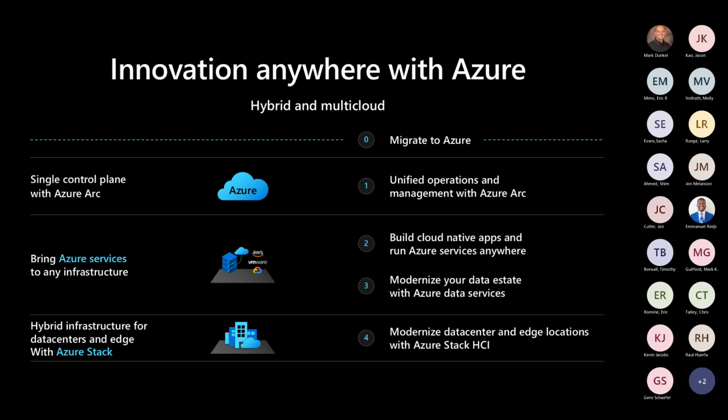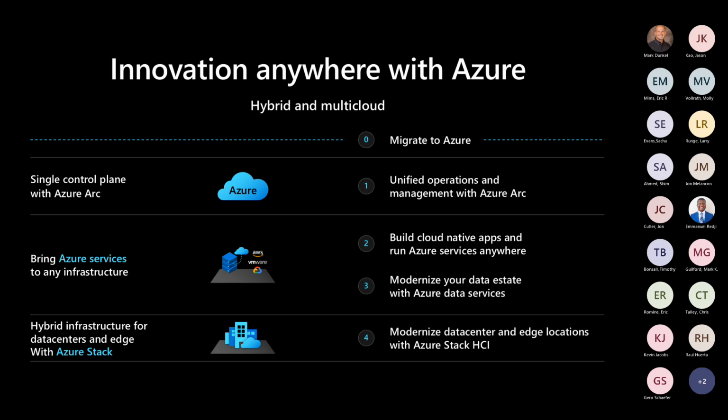And then you can build those cloud native apps on top of that and run those Azure services anywhere, so that you can start moving that equipment from legacy out to a total environment that's supported in a highly scalable fashion.